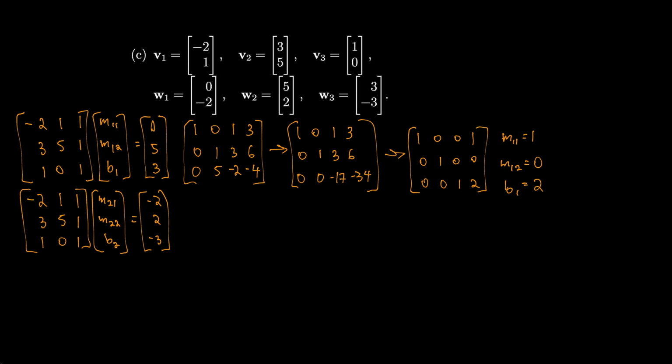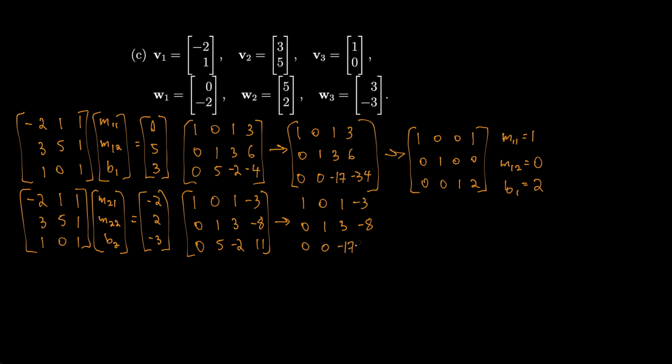The second matrix reduces to 0, 1, 0, 1, minus 3, 0, 1, 3, minus 8, 0, 5, minus 2, 11, which becomes 1, 0, 1, minus 3, 0, 1, 3, minus 8, 0, 0, minus 17, 51.